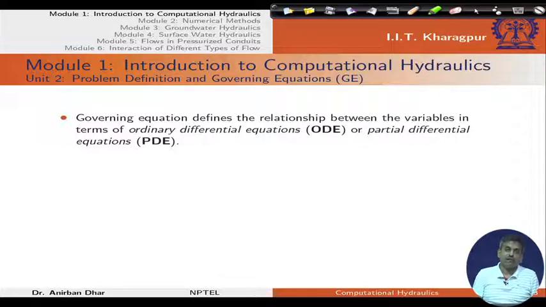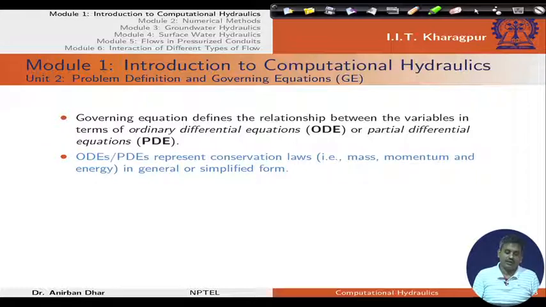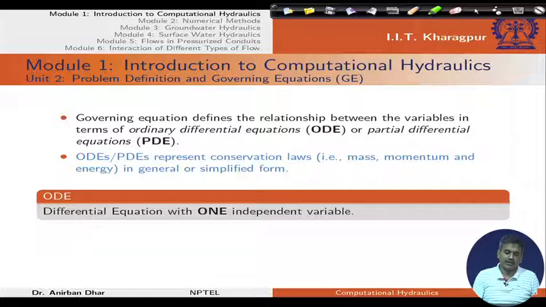In unit 2 we discussed problem definition and governing equations. What was problem definition? Problem definition is in terms of mathematical conceptualization, in terms of ordinary or partial differential equations, and these represent conservation laws of mass, momentum and energy in general or simplified form.